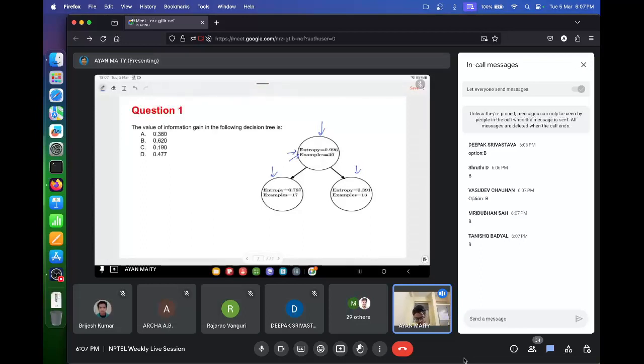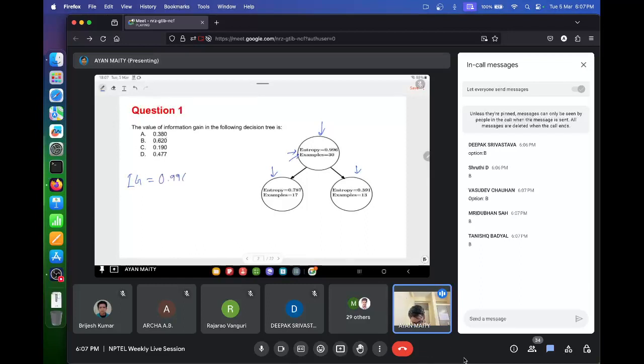Okay, so for this question, in order to find the information gain, which I'm referring to as IG, the first thing is, you need to know the entropy of the parent node or the root.